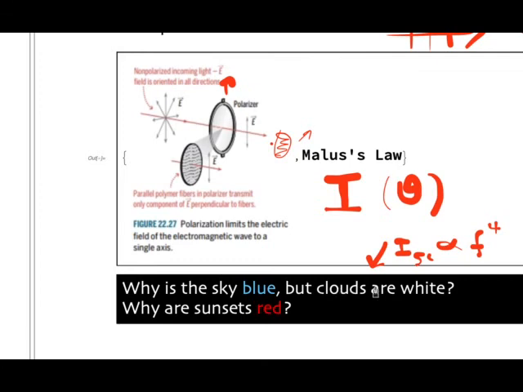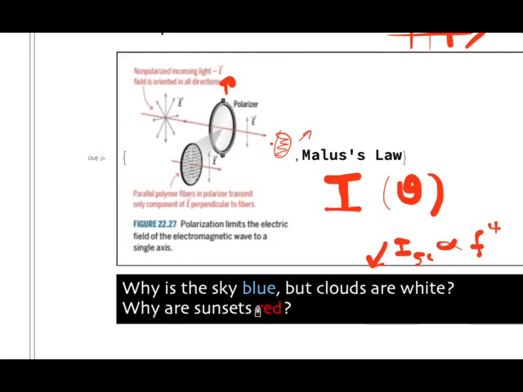Clouds are made of, well, everything is atomic, but clouds are made of drops of water, not molecular-sized scattering centers but much larger, little drops of water, maybe a millimeter in diameter. And those little objects scatter the light equally for all wavelengths. So the light scattered by a cloud will have the same color as sunlight. It'll be white.